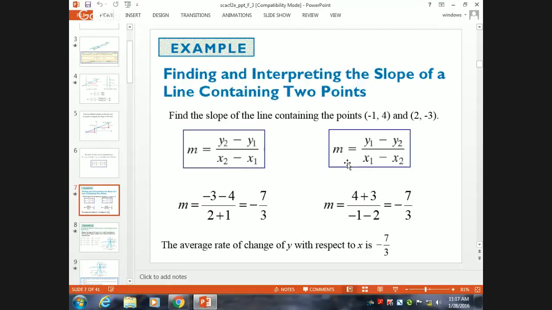Negative, -1. 45-degree angle, this is -1. Going uphill from left to right, that's +1 slope. Okay? This is bigger in magnitude than 1, so this needs to be steeper than the line with slope that's -1, so it's going to be a pretty steep line. It's going to be going downhill pretty fast.